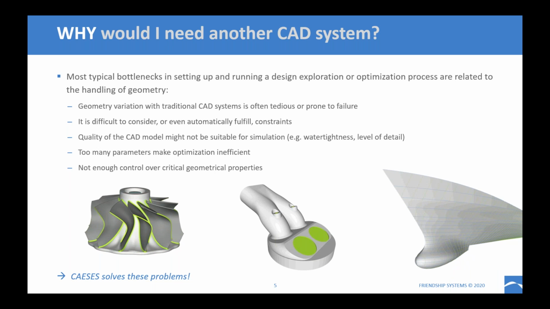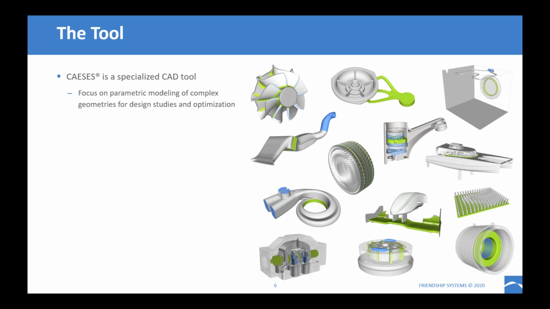CAESES is not a general purpose CAD tool, but a highly specialized CAD tool with a focus on the parametric modeling of complex geometries. If you look at the pictures on the right, these are often geometries that involve free-form surfaces or other kinds of complex geometric features that are often not so easy to parameterize with traditional CAD systems.